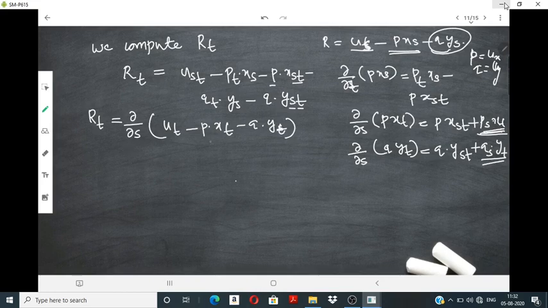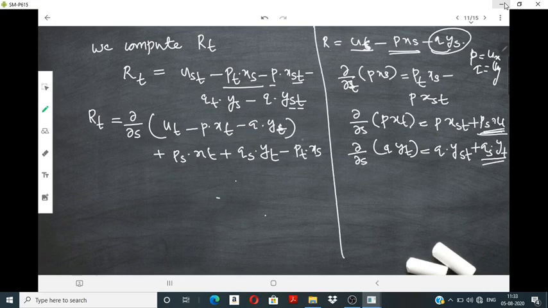In order to cancel those terms, we have to add that one, plus p_s into x_t plus q_s into y_t. Now the remaining terms are p_t into x_s and q_t into y_s.